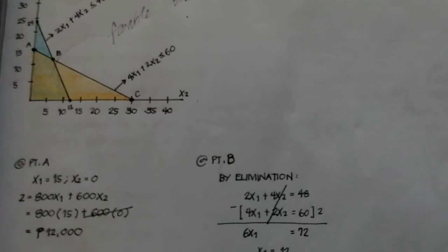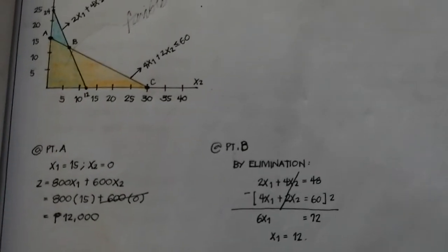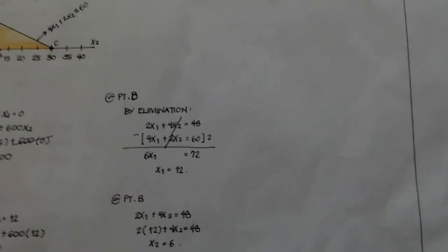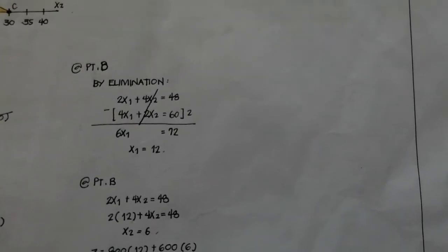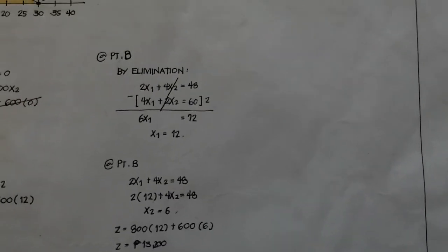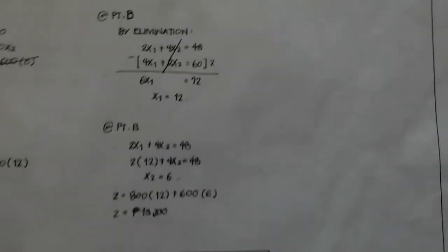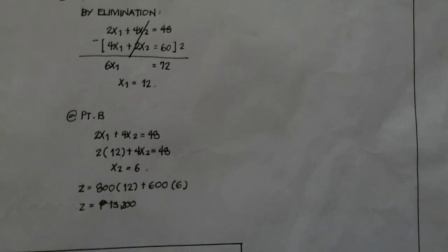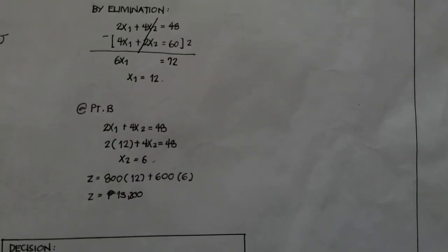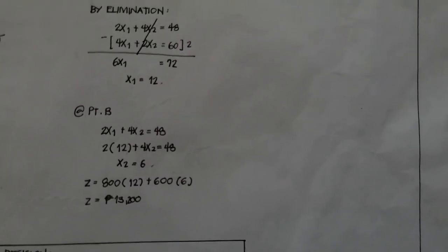In point B, we have an intersection. That's why using elimination, we'll be able to know the value of x1, which is equal to 12, and the value of x2, which is equal to 6. So if we substitute it from the profit formula, in point B, we will have a profit of 13,200.